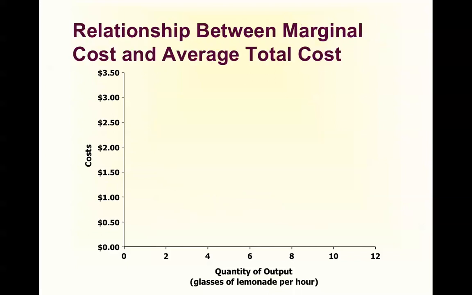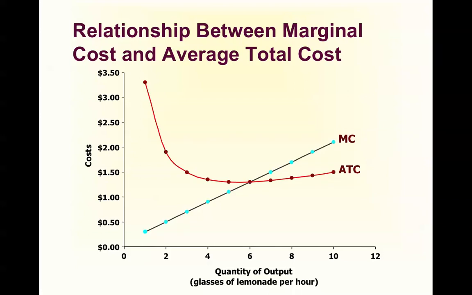There is a relationship between the marginal cost and average total cost, and basically the relationship is that average always follows marginal. So as the marginal goes up, average is going to follow it. As the marginal goes down, average will go down with it.